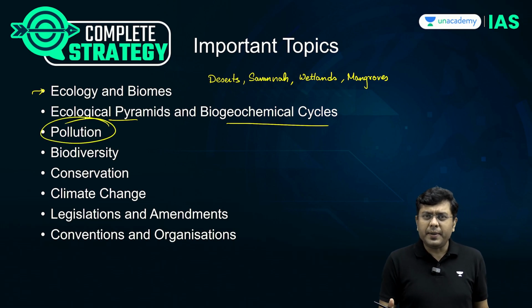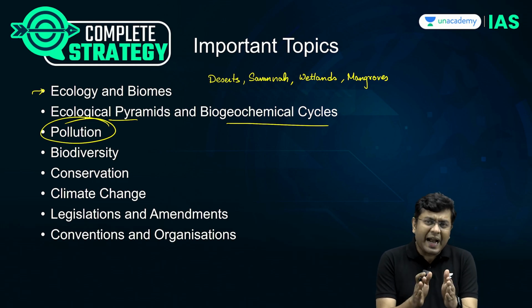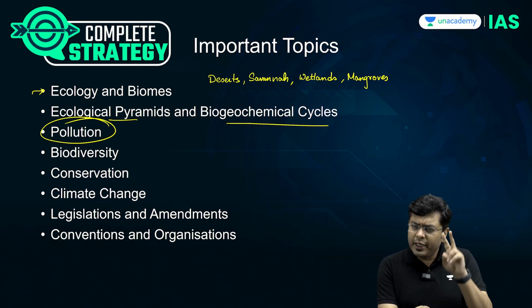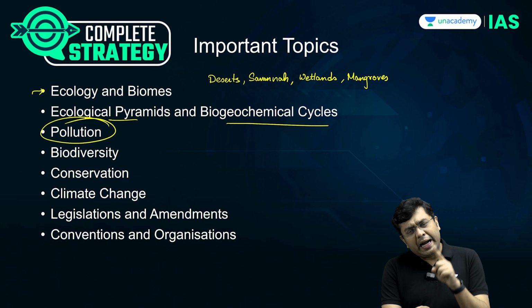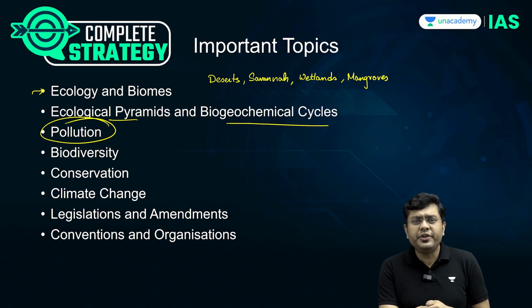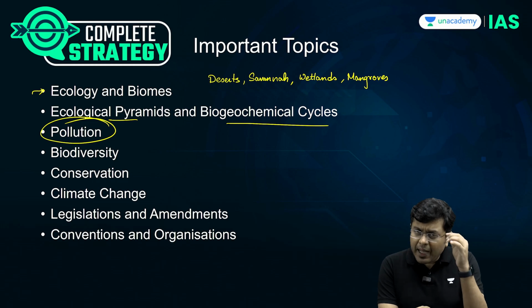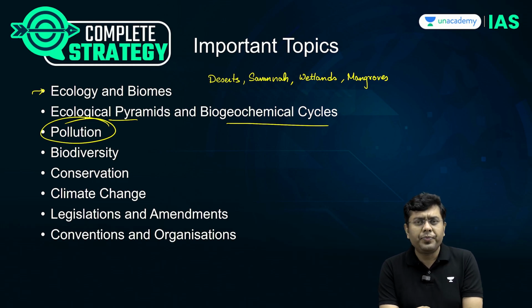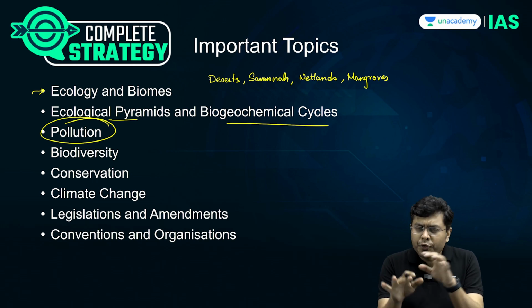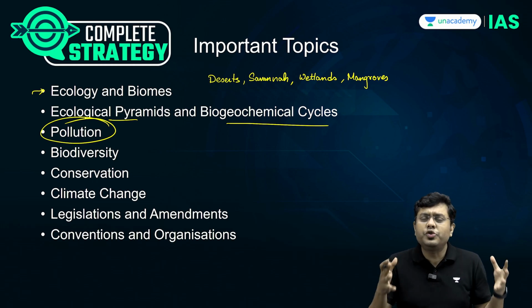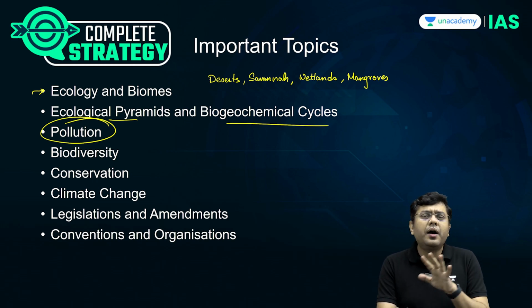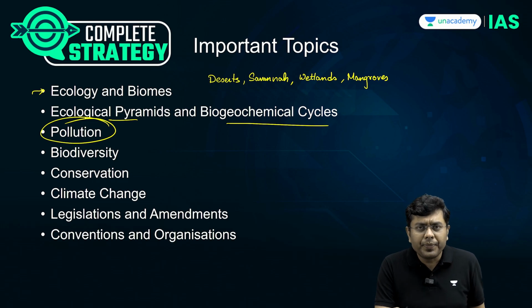Then biodiversity. Now, when the candidates think about environment ecology, two things come to their mind. I have to learn the critically endangered species. I have to learn the national parks and wildlife sanctuaries. But apply your logic for a brief moment. There are more than 100 national parks. If you combine the wildlife sanctuaries and national parks, they are around 700 in number.